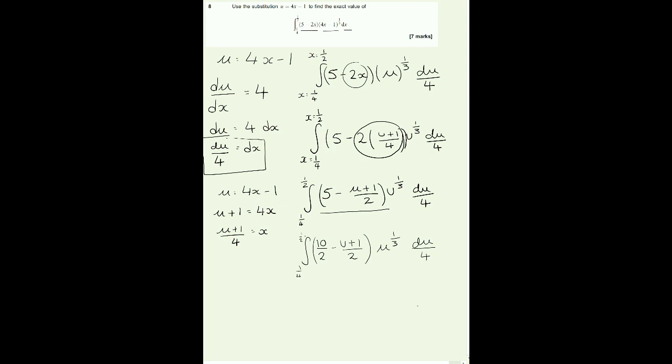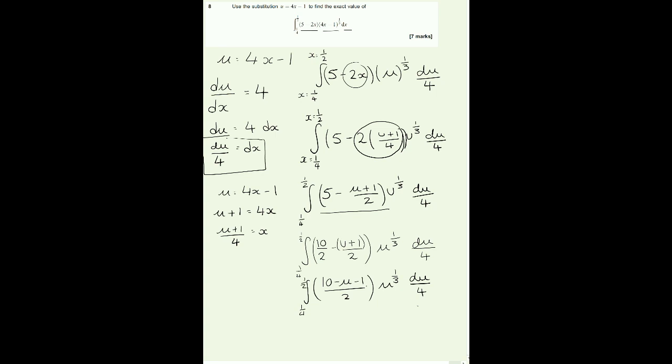So 10 over 2 minus u plus 1 over 2, and that u plus 1 over 2 is all minus, the implied bracket on the top there. So what I'm ending up with is 10 minus u minus 1 over 2. That's what's inside that bracket, u to the third, and we're integrating with respect to du, which is still over 4 at the moment.